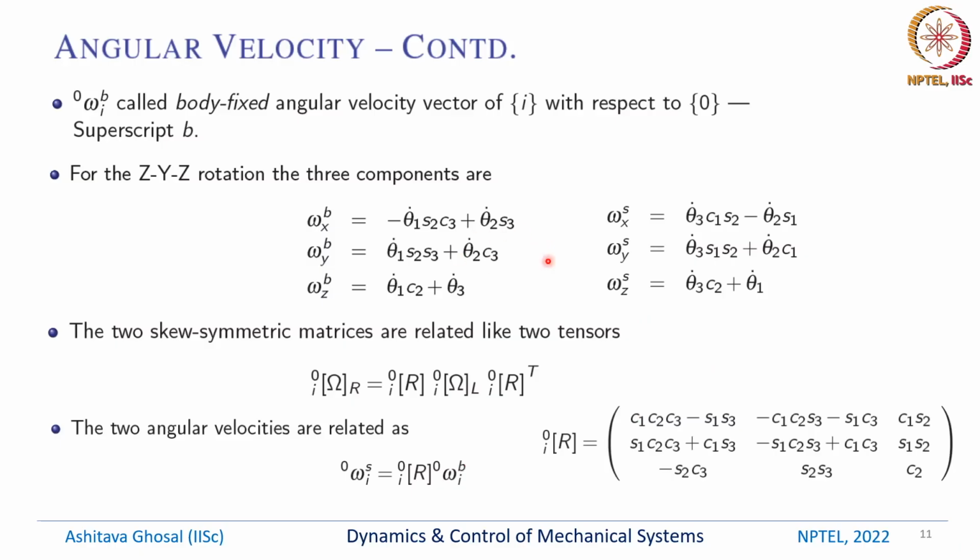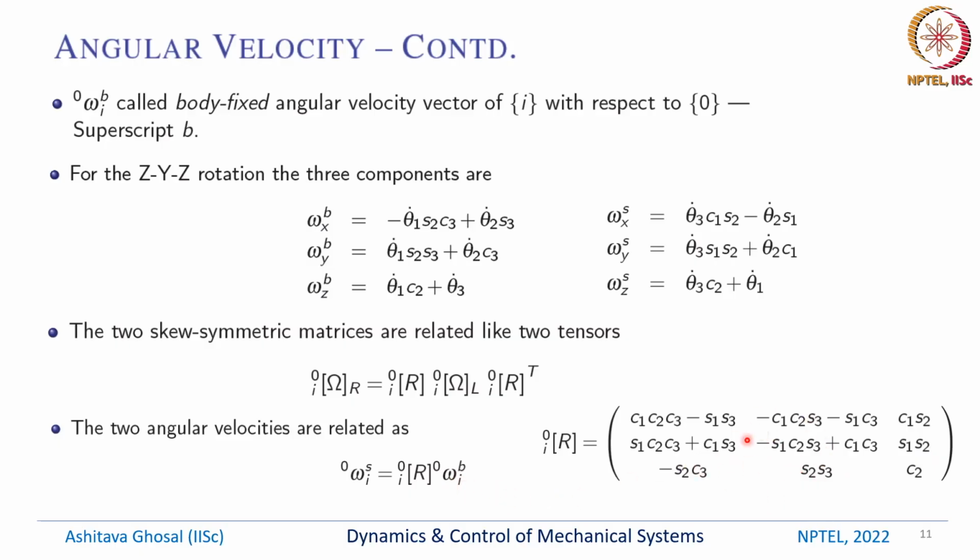The rotation matrix for this example, just for recapitulation, is shown here. It has this C2 here, C1 S2 here, S1 S2 here, and so on.